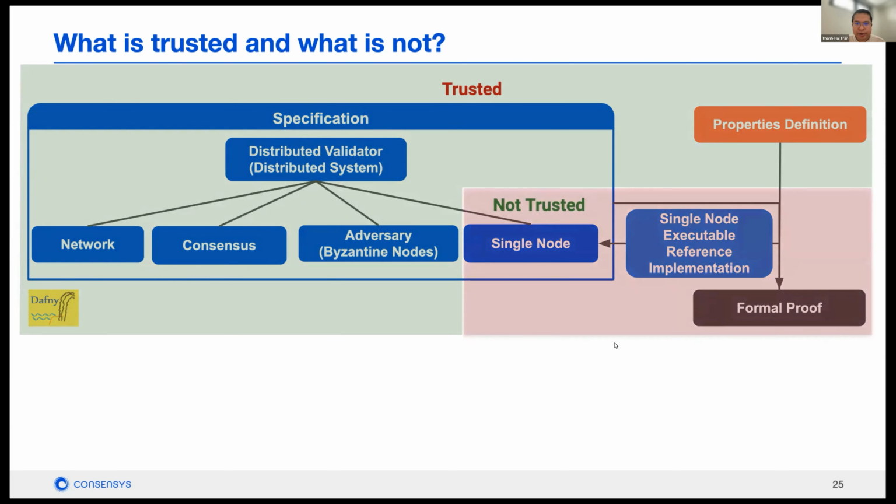However, we don't trust the behavior of a single node, and also we don't trust the reference implementation. And in our work, a manual proof is not enough, so that's why we want to check our proof with Dafny. So this is a formal proof.